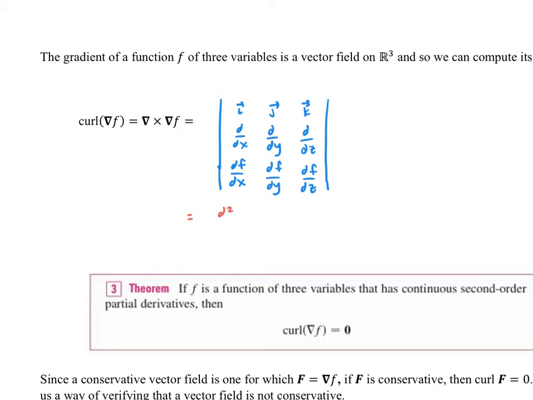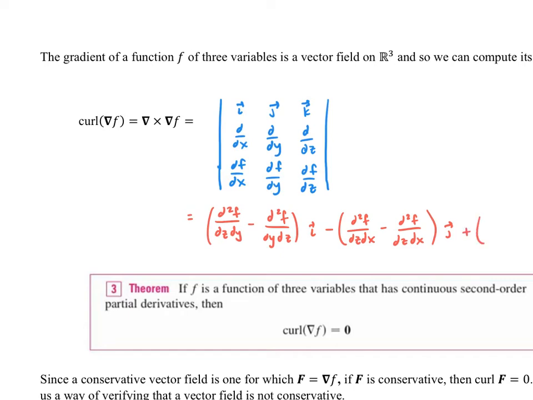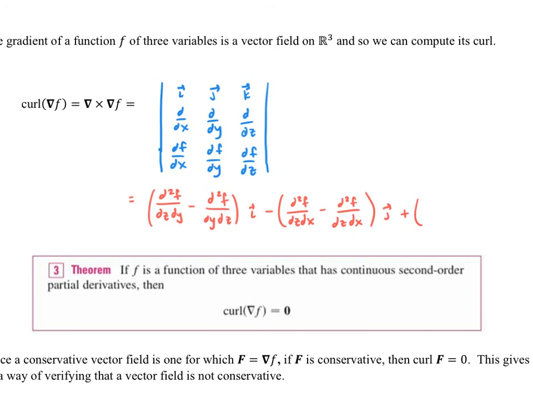Okay, so then what we get here, if we simplify this, is the partial derivatives. So we have the second derivative of f first with respect to z, then y, minus the second derivative of f first with respect to y, and then z, times vector i, minus the second derivative of f first with respect to z, then x, minus the second derivative of f first with respect to x, then z, times j. And you probably are starting to see a little bit of a pattern here.